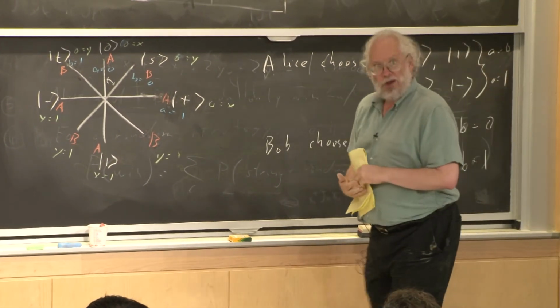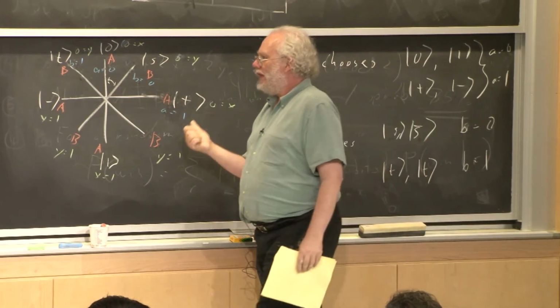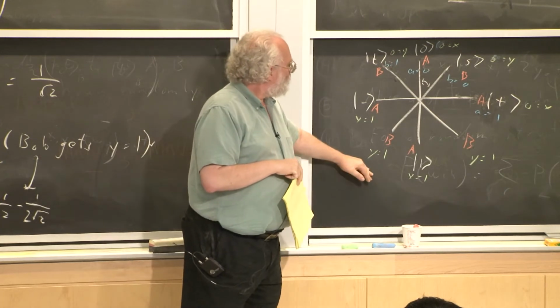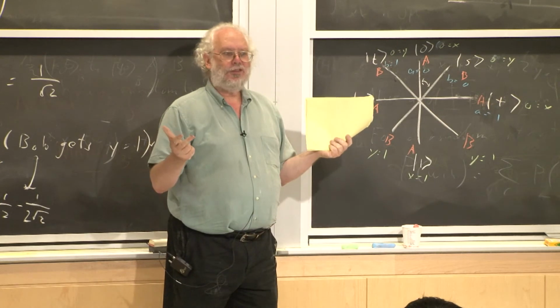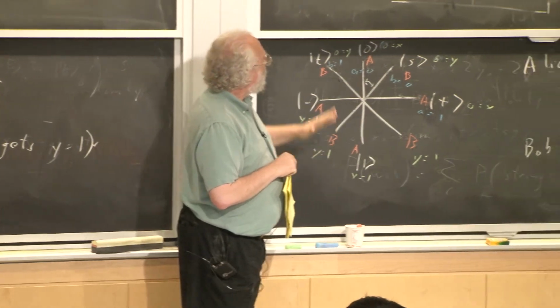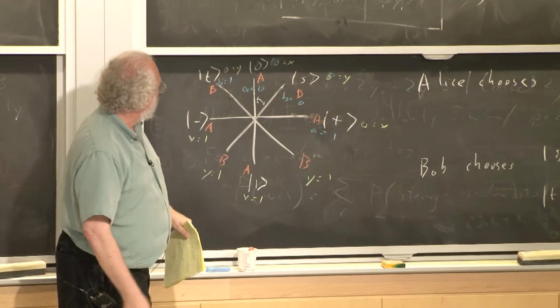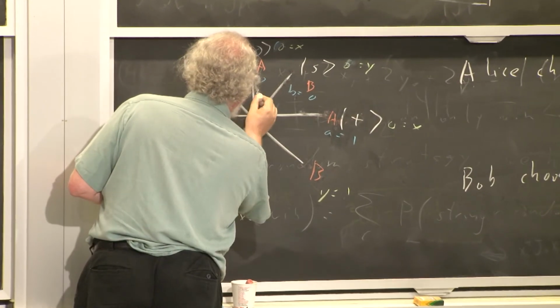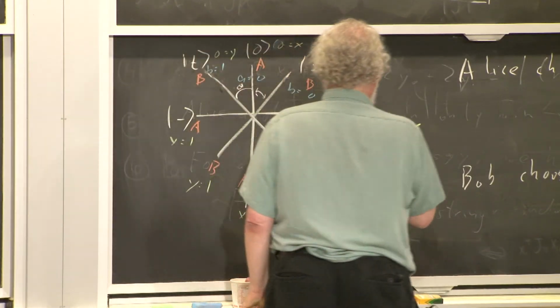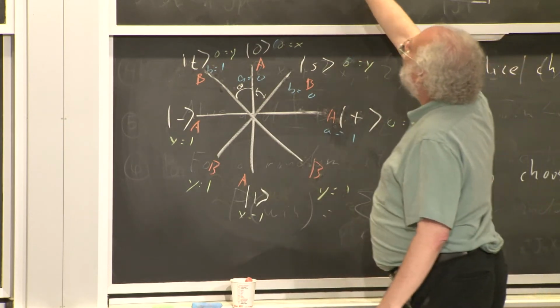So Alice and Bob can win this game with probability 0.854, which is bigger than 0.75. There's two more things I want to say. If this angle was theta, well, let's draw another thing.